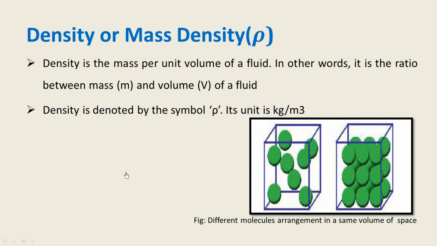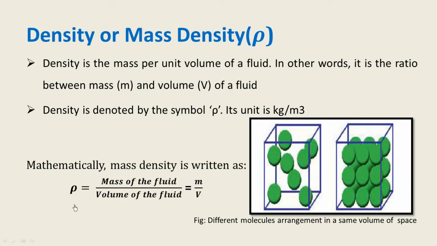Mathematically it is written as density rho equal to mass of the fluid by volume of the fluid. Mass of the fluid will be taken as m, volume of the fluid will be taken as v. If you replace mass with kg, volume with meter cube, then we come with the units kg per meter cube.